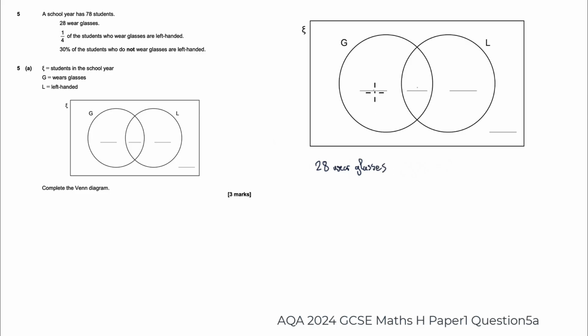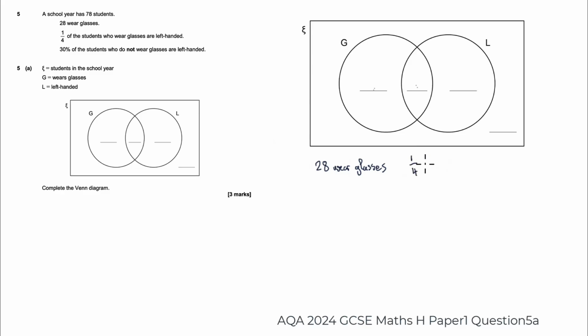However, there are two types. Those that are left-handed and those that aren't. So we've to decide how many of the students that wear glasses are left-handed, and we can do that by calculating a quarter of the 28. We're told a quarter of the ones who wear glasses are left-handed.